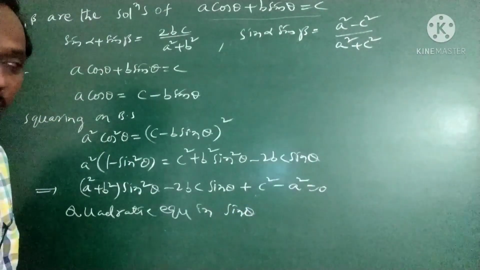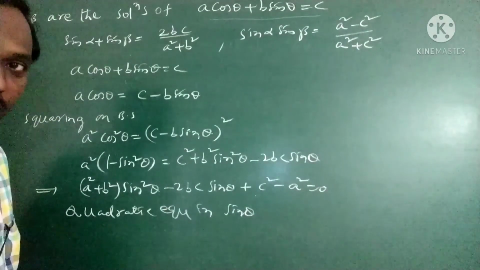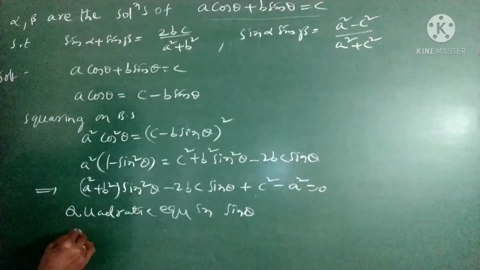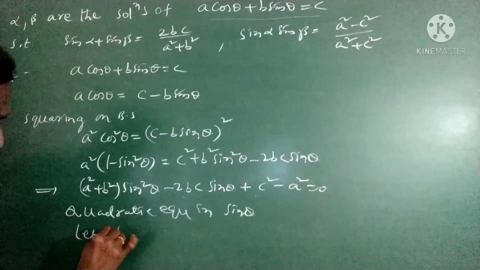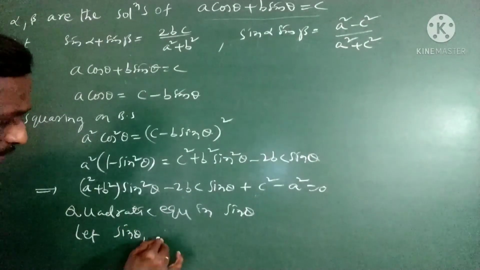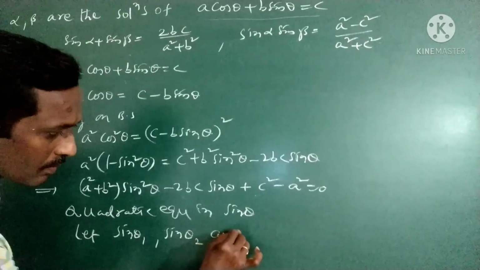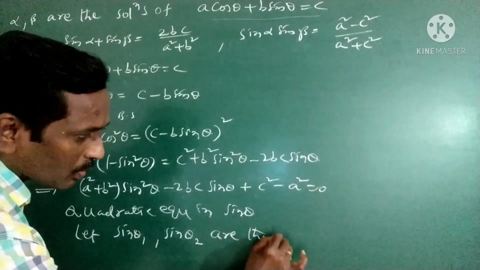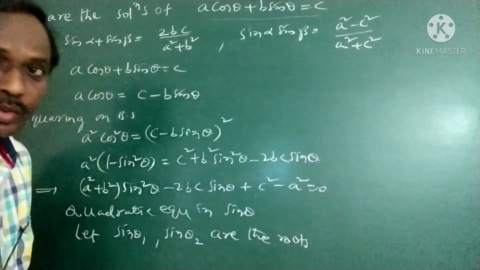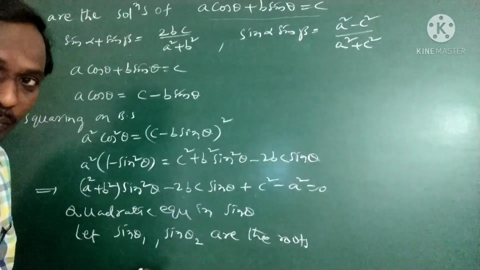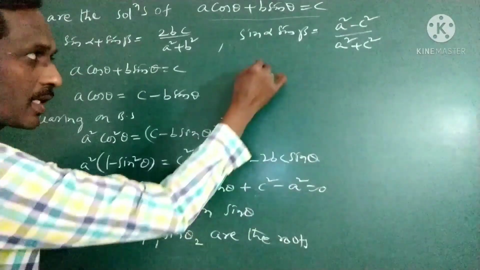If it is a quadratic, we get two roots for the equation. Assume sine theta 1 is one root and sine theta 2 is the other root. Once we have a quadratic equation and know the roots, we can write the sum and product of the roots.